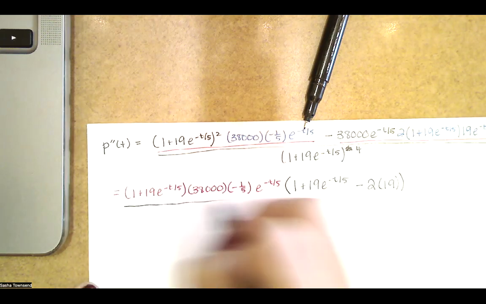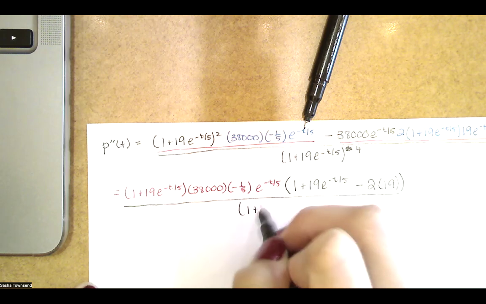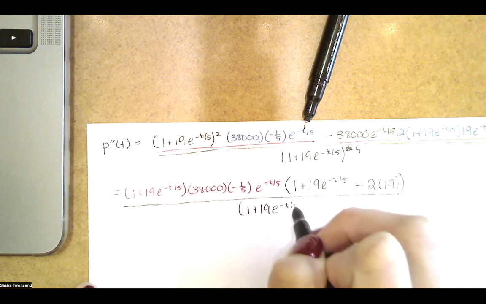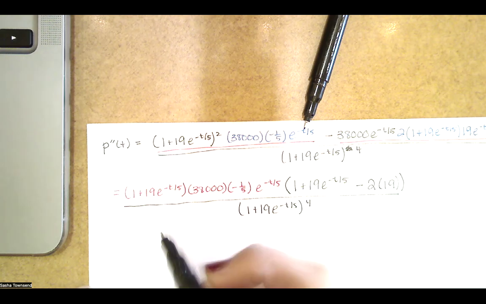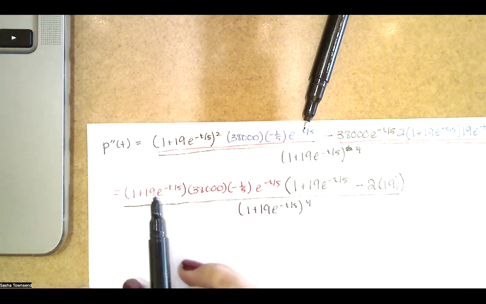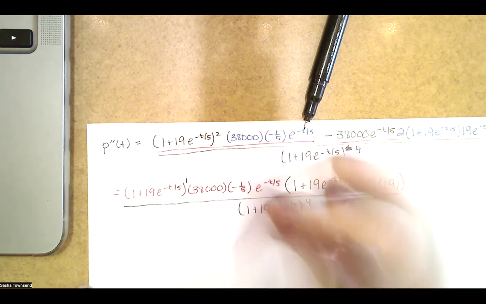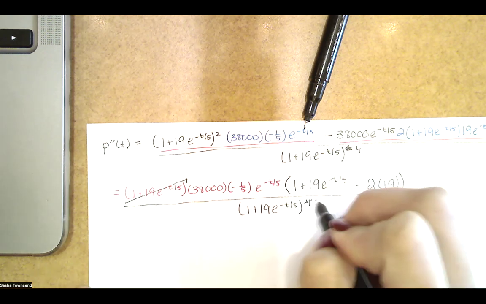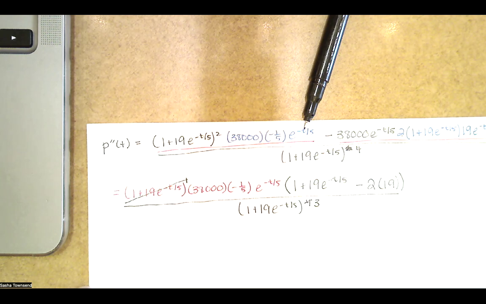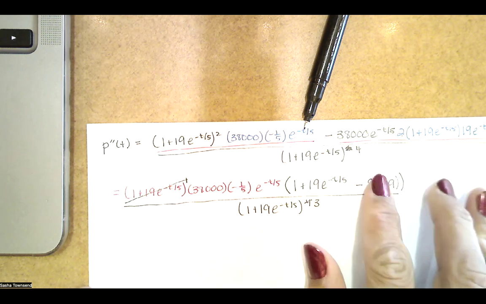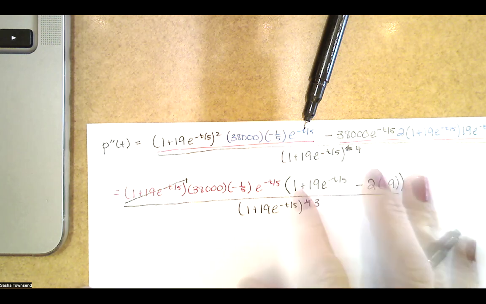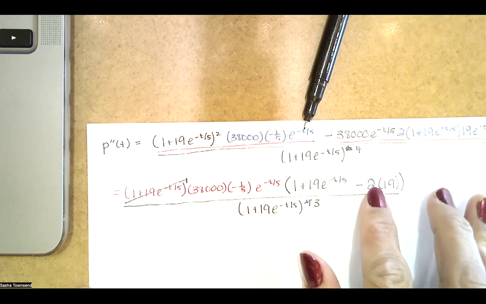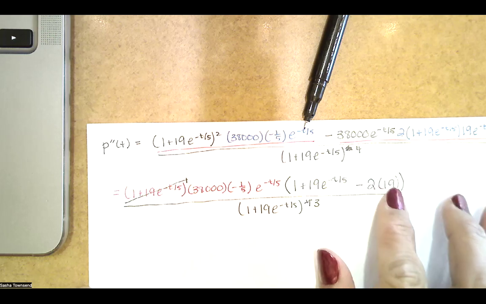And we're taking all of that and dividing by 1 plus 19 times our exponential to the 4th. Now I've got that expression to the first divided by that expression to the 4th. So one of those will reduce, and I'll just have the cube left in the denominator. And then this actually does simplify. This is 1 minus 2 times 19, which is 38.